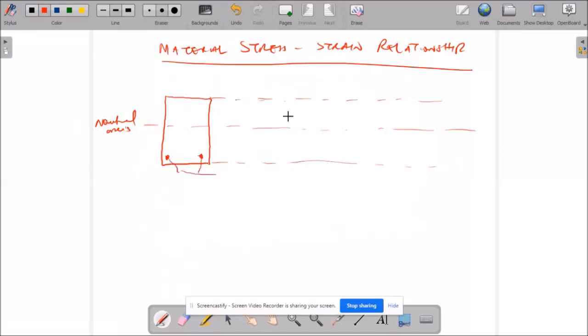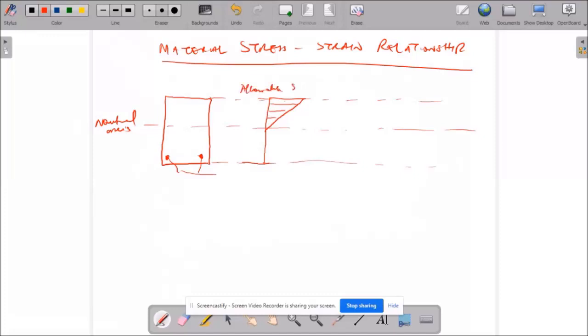So the next thing we draw here is our allowable stress diagram. Draw it this way. Don't mind that my hands are not straight. What is allowable stress?